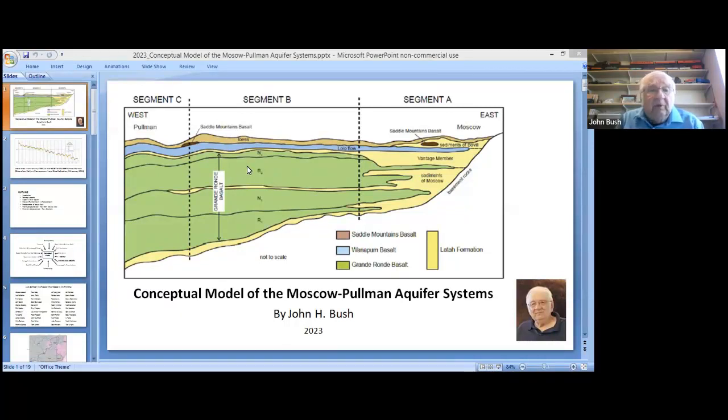We're getting all of our municipal water from the lower aquifer, and most of that water is coming from the R2 Grande Ronde basalts, producing probably about 80% of the total supply. There are some wells that get down below that, but for the most part, our lower aquifer supply, as I pointed out before, is coming from this R2 zone.